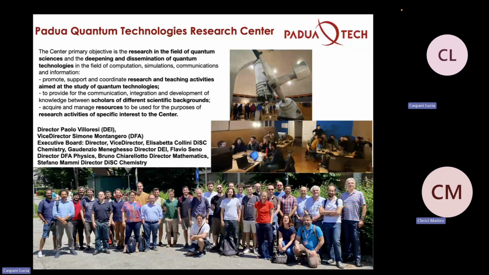So I'm from Padua, where there is a Center for Quantum Technologies, which is based on four departments to share synergies and expertise from chemistry, mathematics, physics, and information engineering.